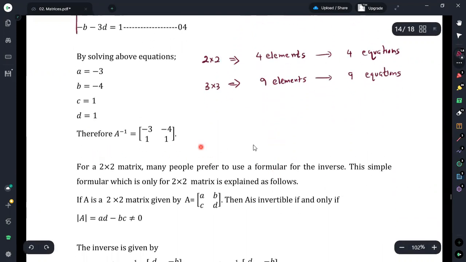First we will take a 2 by 2 matrix. Many people use the formula instead of the linear equation form or the fundamental method to find the inverse.